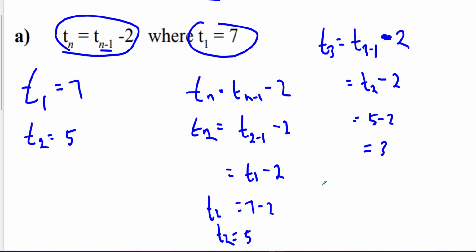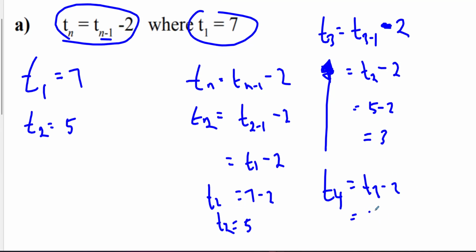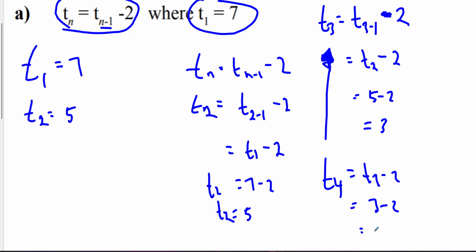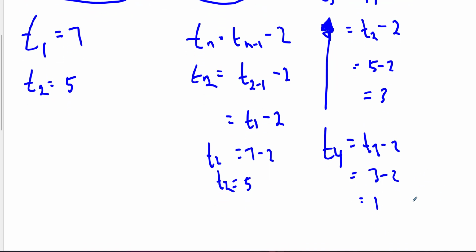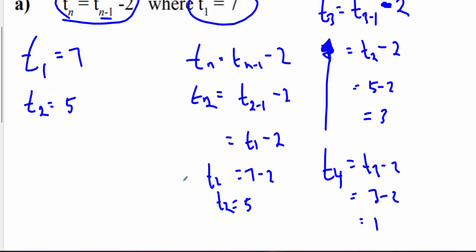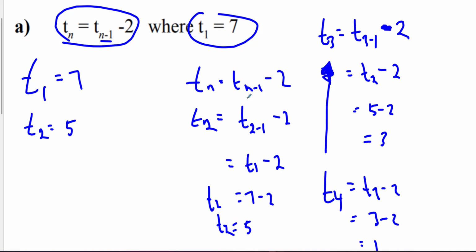such that you are using the previous term to get the next term. For me to get T4, I need to have T3. There's no way for me to do this without finding T3 first. So I know it's going to be T3 minus 2, and T3 is 3, so 3 minus 2 is 1.